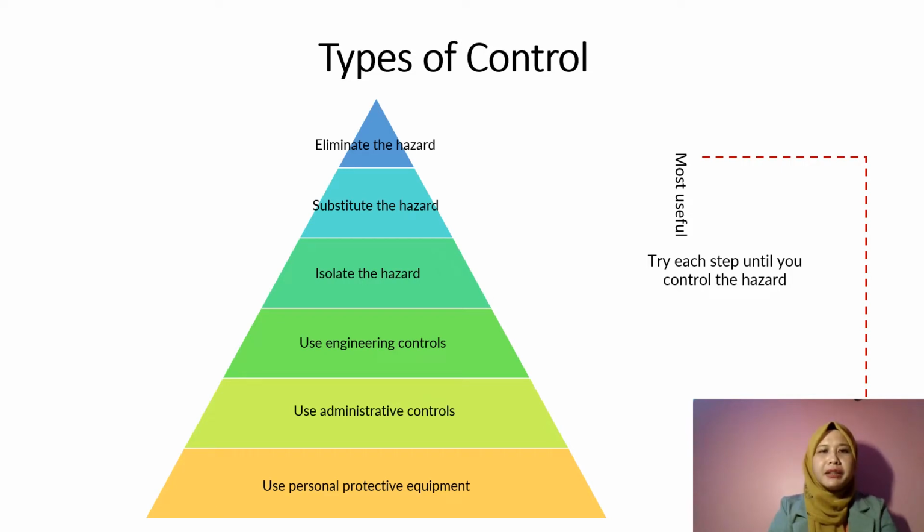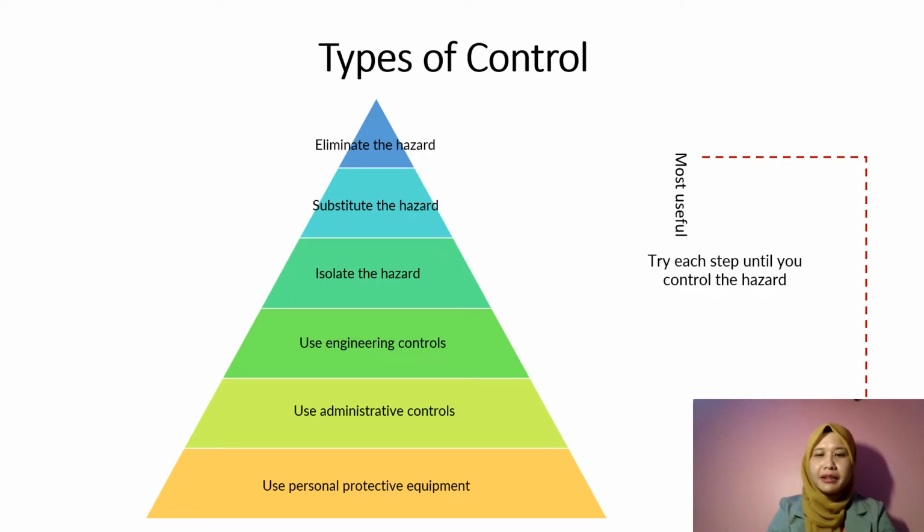Elimination is getting rid of a hazardous job, tool, process, machine, or substance, and is perhaps the best way of protecting workers. For example, a salvage firm might decide to stop buying and cutting up scrap bulk fuel tanks due to explosion hazard.